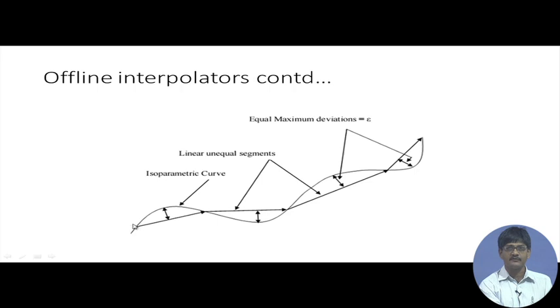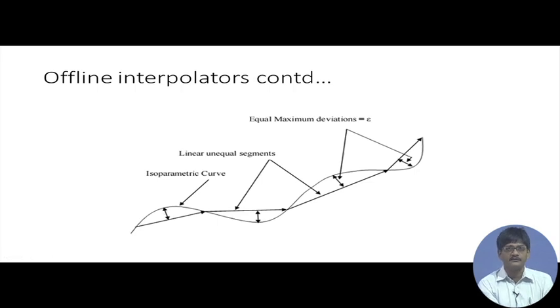This is the path of the tool. It is going this way, then this way, then this way. So, these are the pathways of the tool. However, there is a deviation. You cannot avoid deviation if the tool is moving along straight line segments and the path to be taken ideally is a curve.